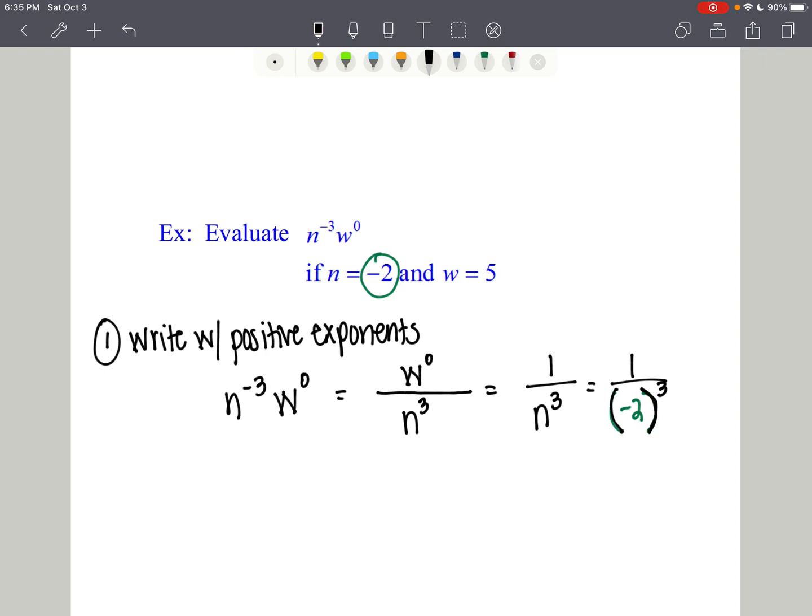So parentheses in place of n, and then what do we substitute in? We substitute in a negative 2. Well, what's negative 2 times itself 3 times? Negative 2 times negative 2 times negative 2 is a negative 8. So we get 1 raised to the negative 8 power.